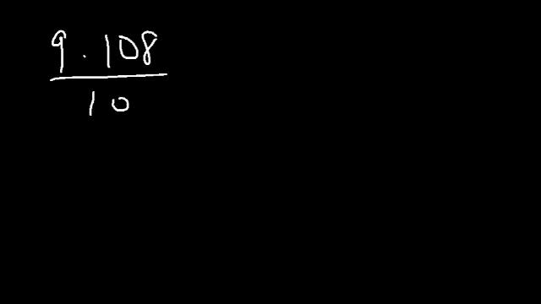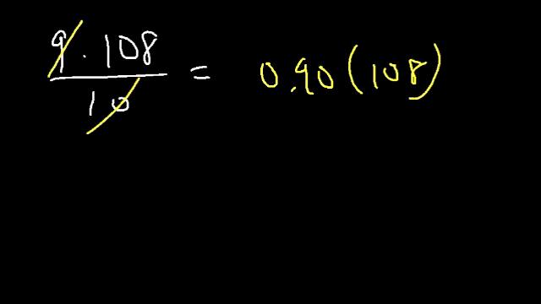So now at this point, you can estimate it. You can round 9 to about 10. Basically, you're looking for 90% of 108. So what's 90% of 108? Well, 10% of 108 is 10.8.